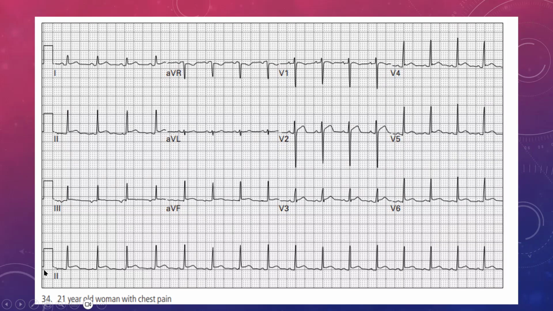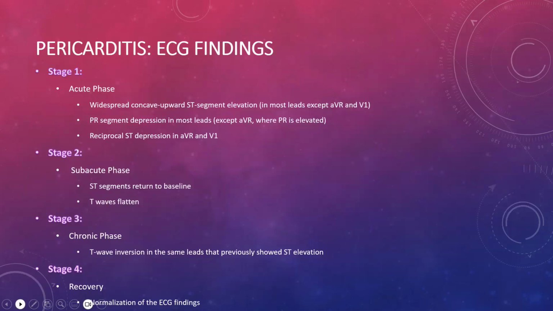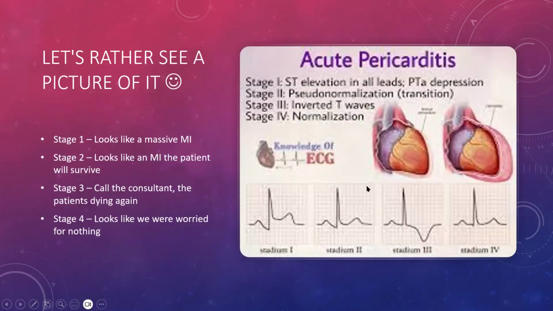And that's why the picture looks as it is. Now, in the answer that's given by people who are much more intelligent than me, they have put it down as acute pericarditis. But looking at this, we could say there is a possibility that it is in the subacute phase.